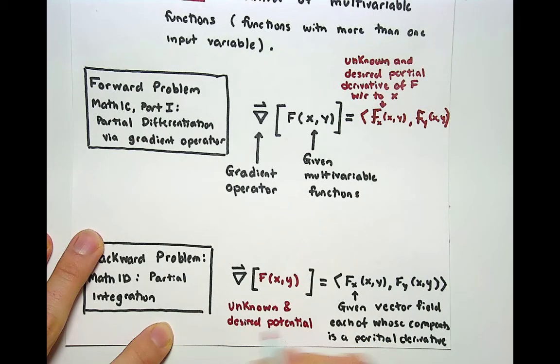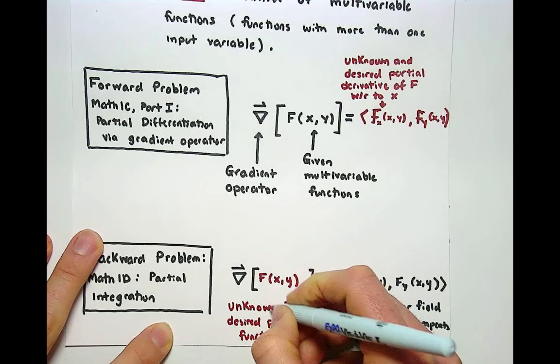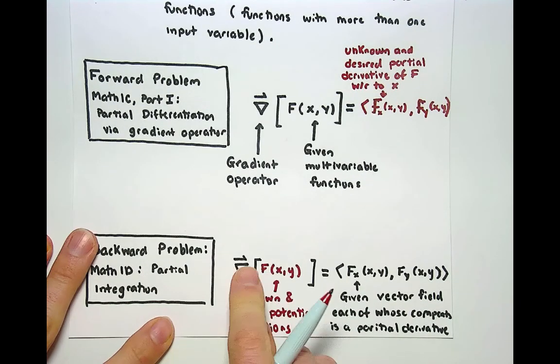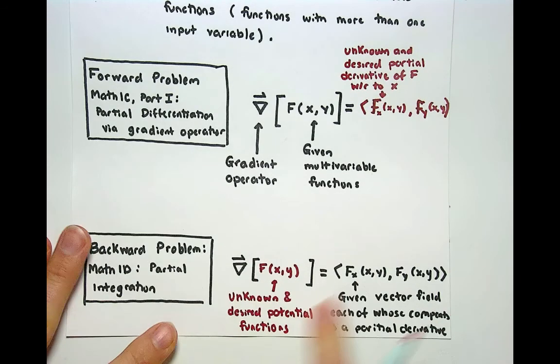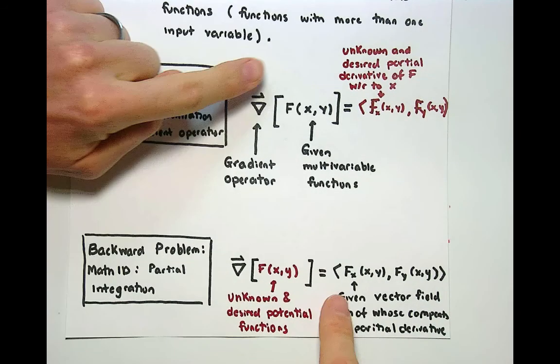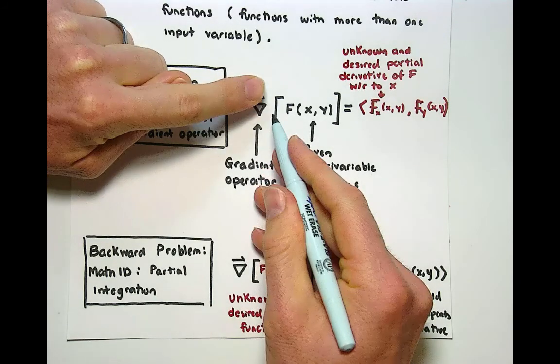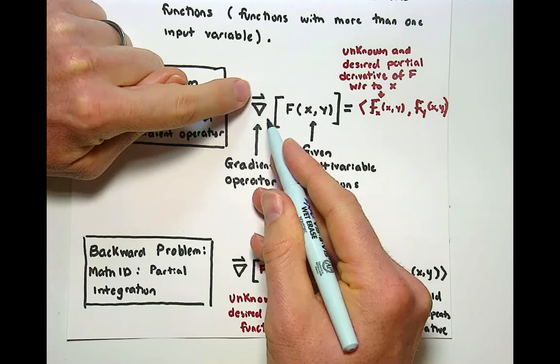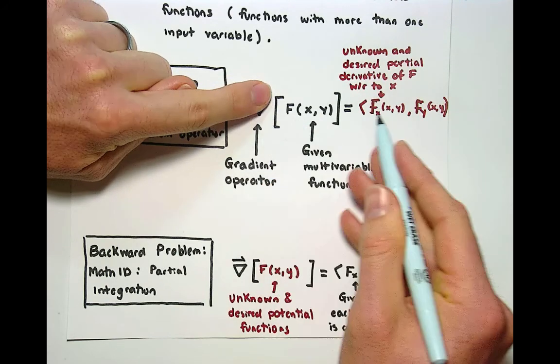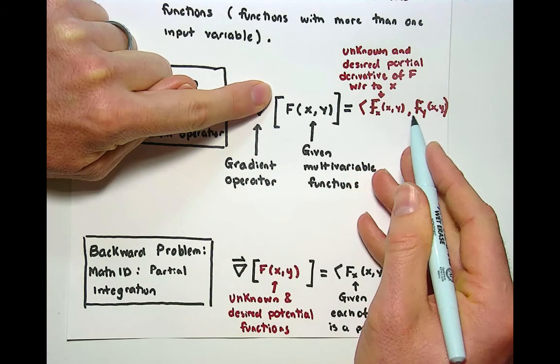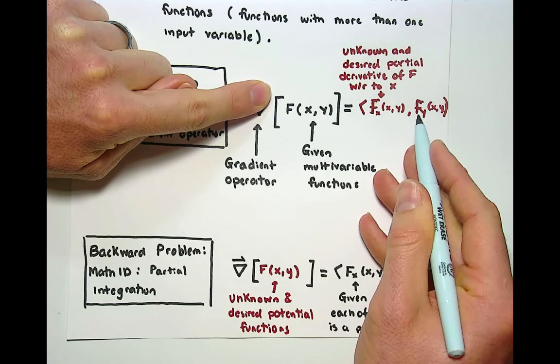These are sometimes known as potential functions, which relates to some of the stuff that you'll see in physics in your future. Functions that when you take their gradient, you get a given vector field. That's called a potential function. And you see that these are the exact opposites of each other. In this case, you take the derivative of a multivariable function, the gradient of that function, and you produce a list of partial derivatives.